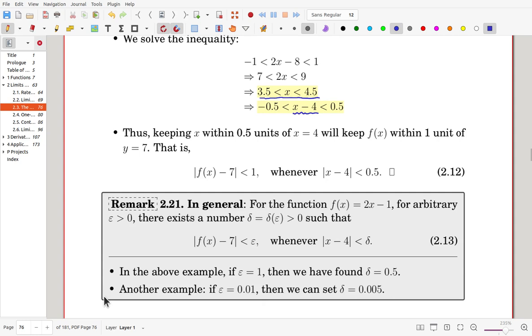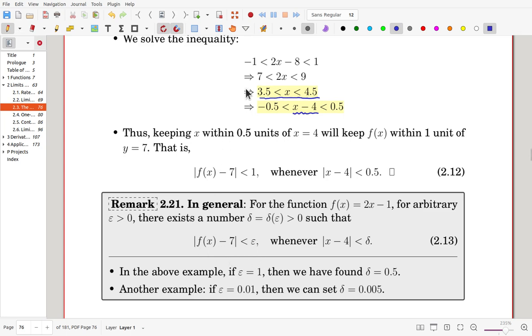Here, in general, for a given f of x, if we choose an arbitrary epsilon, an arbitrary positive number, it can be very small, then there exists a number delta, of course depending on epsilon, positive, such that whenever the absolute value of x minus 4 is bounded by delta, then the absolute value of f(x) minus 7 is bounded by epsilon.